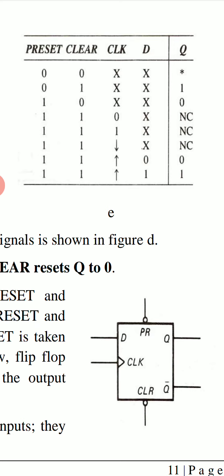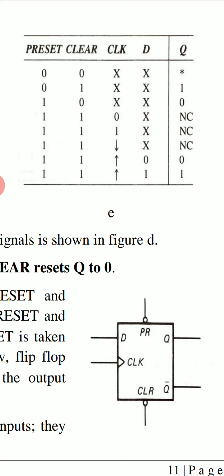And when preset is 1, clear is 1, then for rising edge of the clock, output Q will be equal to D. And for low preset and high clear, output Q is 1.